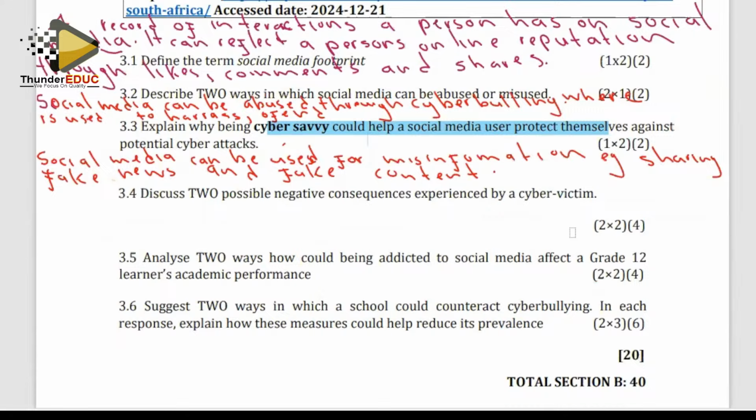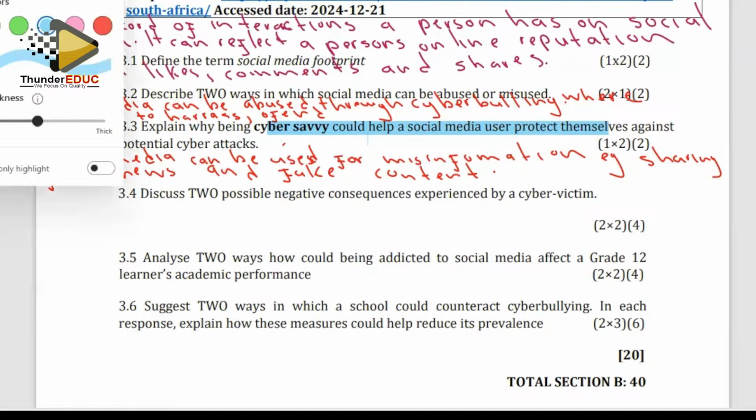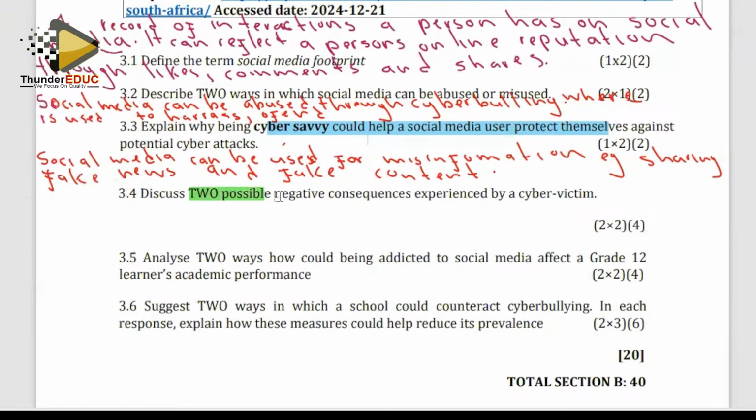So the consequences they are referring to are the negative effects of being a cyber victim. So we need two negative consequences here, which I'll list immediately below.